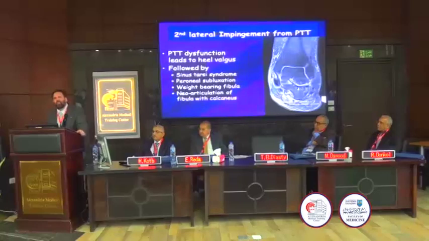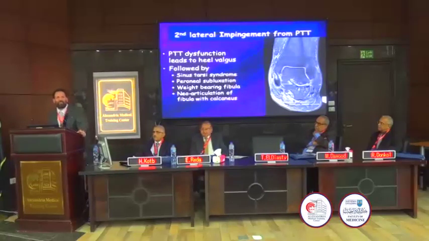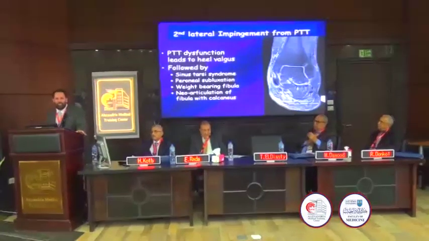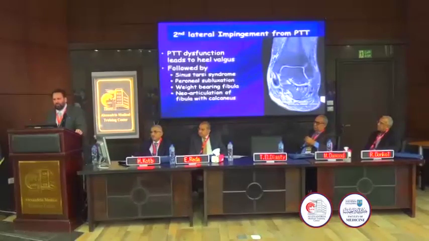Anterior lateral is second most common, and it's typically soft tissue from abnormal healing of an anterior lateral ligament injury. And then we talked about anterior impingement, which is typically mixed osseous and soft tissue.